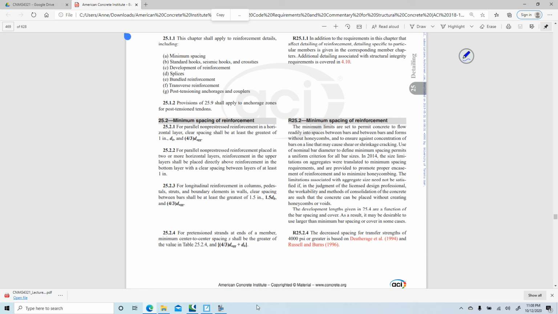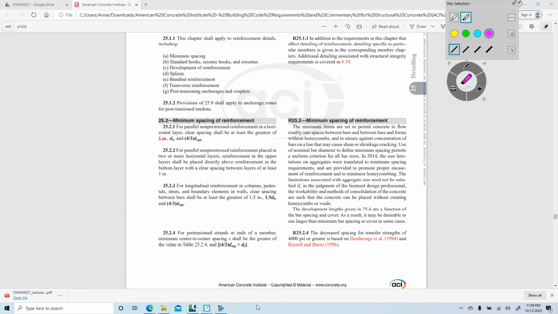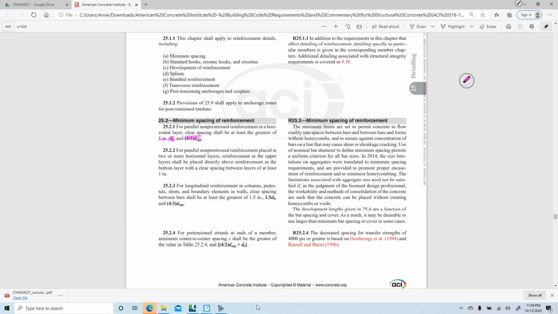Clear spacing, that means the absolute clear, not center to center, but the clear spacing, shall be at least the greatest of 1 inch, db, right here, which is the diameter of the bar, or 4/3 the diameter of the aggregate.